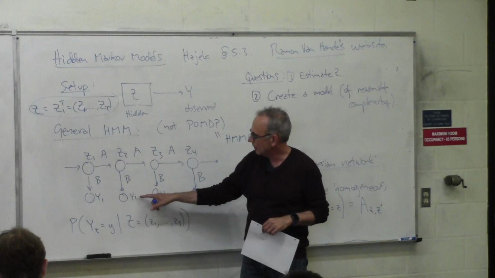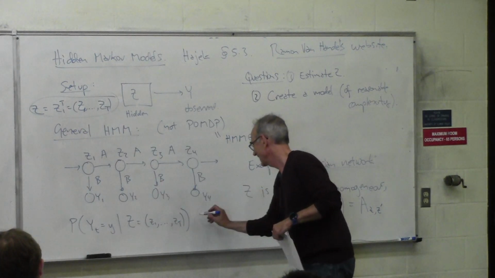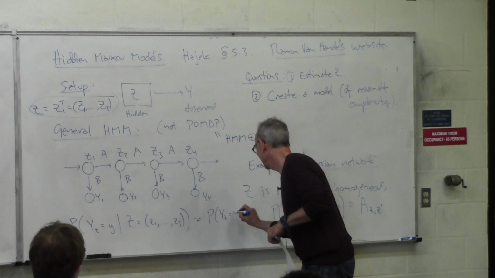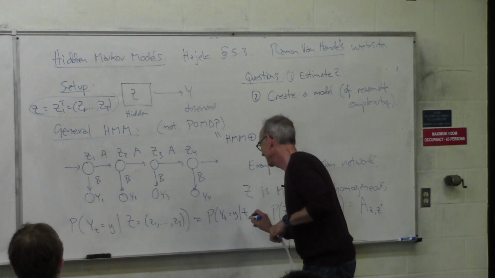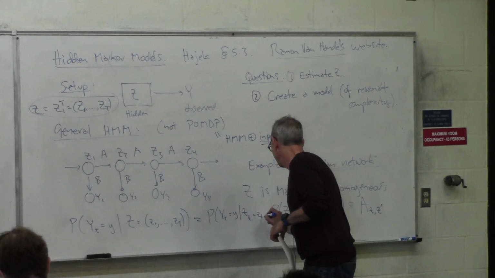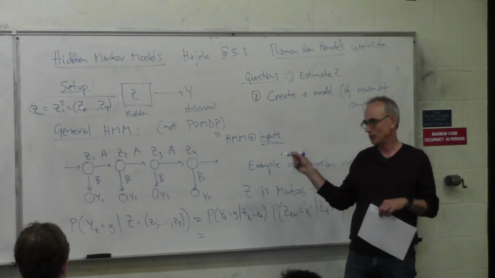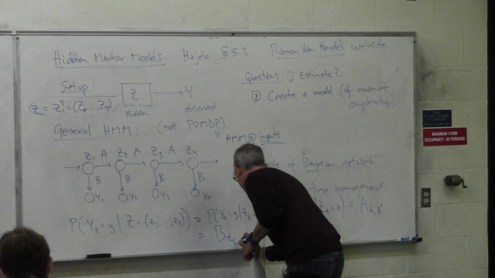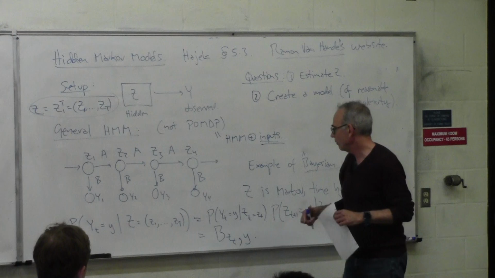And look what I'm writing here: the probability of Y1 given Z2. And what's that? And that is, yes. And so we'll write B_{Z_T Y}. All right, so there's some notation for you.